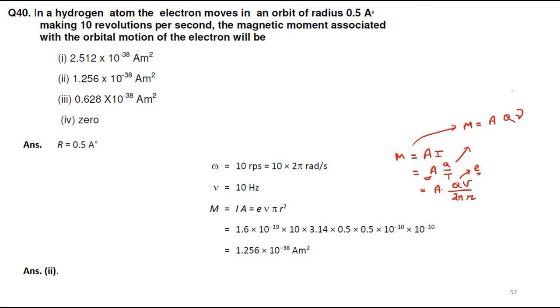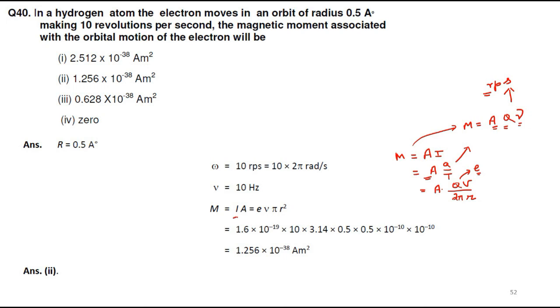By definition, frequency is the number of revolutions per second. For a circulating particle, the frequency of circulation means how many revolutions are made by the particle in 1 second. So A into Q into nu, that is the magnetic moment.